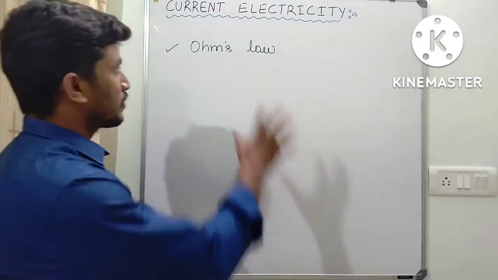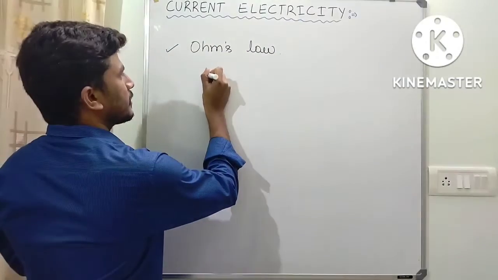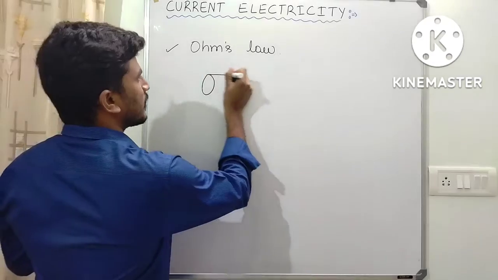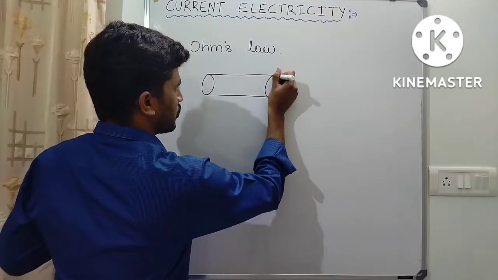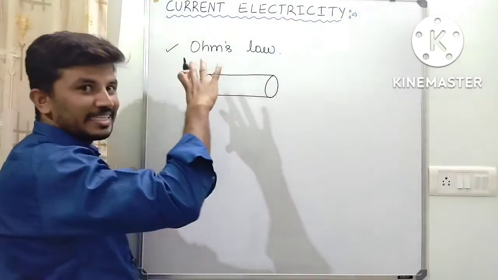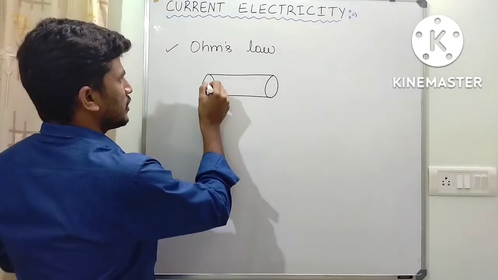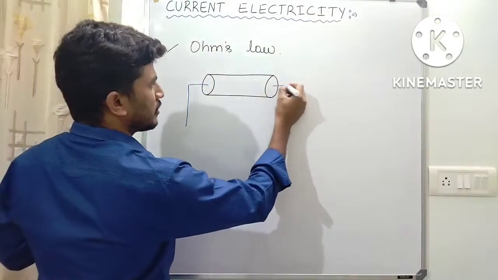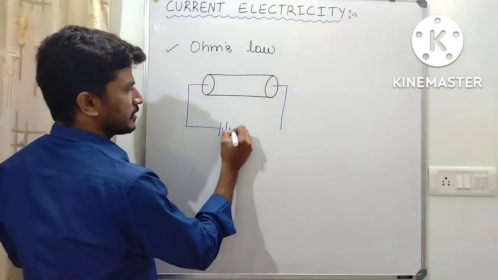Dear students, first I am going to explain Ohm's law. This is a very simple concept. Let us consider a conductor here. I have considered a big sized conductor. Then I connect the two ends of the conductor to the battery.